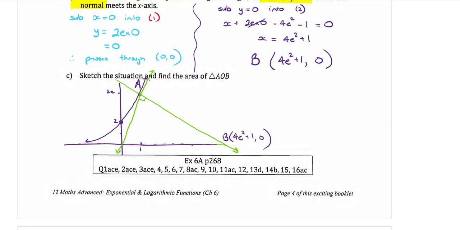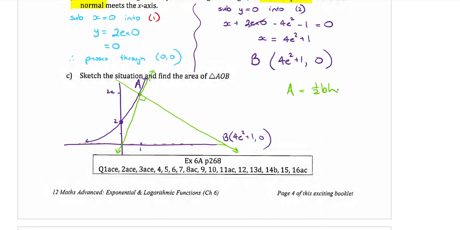I want the area of that triangle. How do I find the area of a triangle? Half base times height, assuming that I can find a right angle. I do have a right angle there. Is that a right angle to use? Do I know that side and that side? That's a bit of a pain.